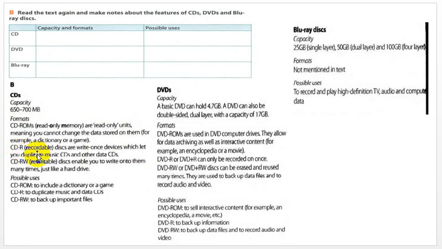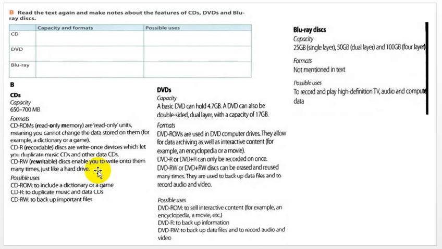A CD-R, recordable disk or write once, devices which let you duplicate music CDs and other data CDs. And CD-RW, rewritable disk, enables you to write onto them many times just like a hard drive.